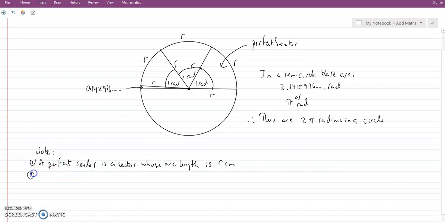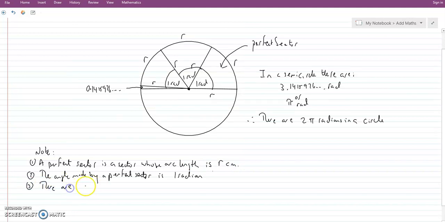Note 2: the angle made by a perfect sector is 1 radian.